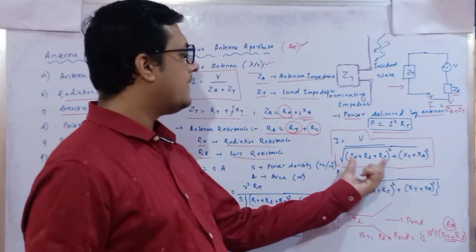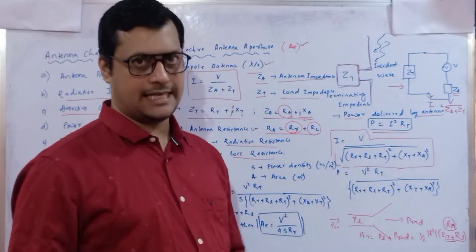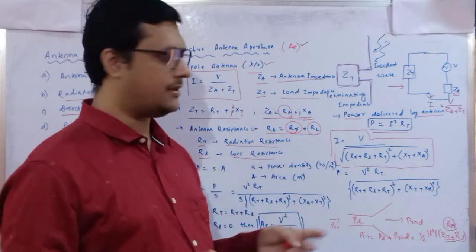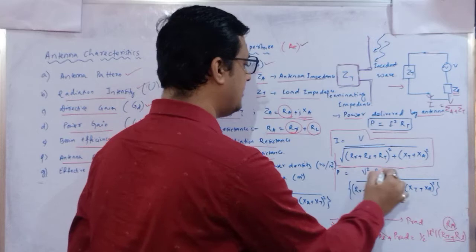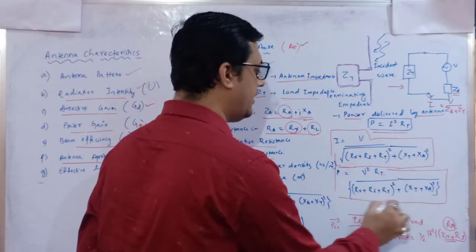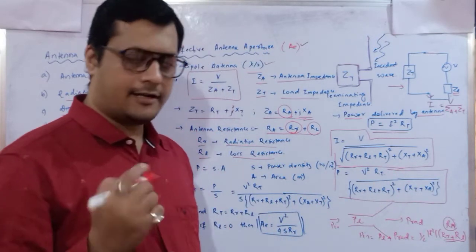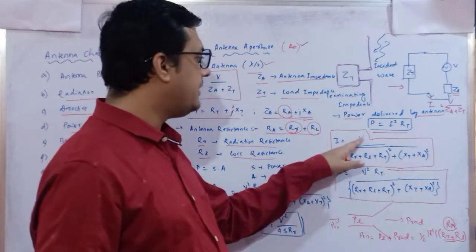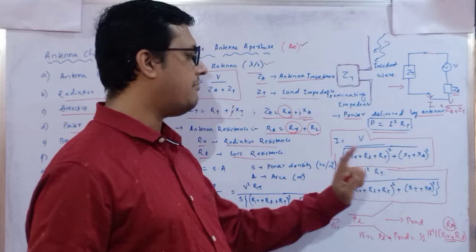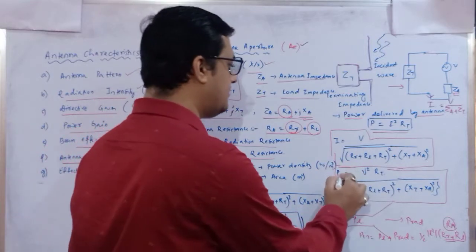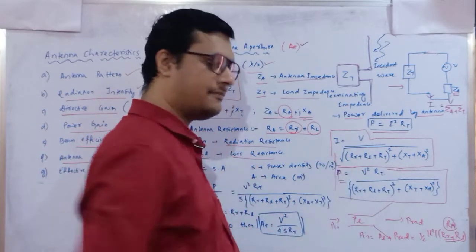So this is I is equal to V by Z. The magnitude we have considered. Now we will substitute in this equation. So what is my P? P is equal to I square into RT. I square means it is V square divided by this component square, and we have to multiply with RT. So this is my total power dissipation.